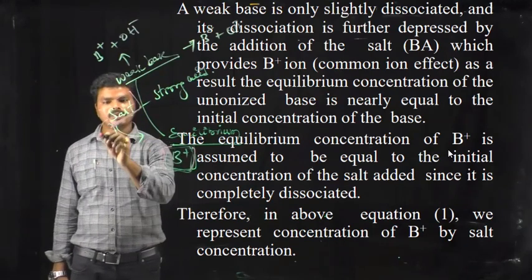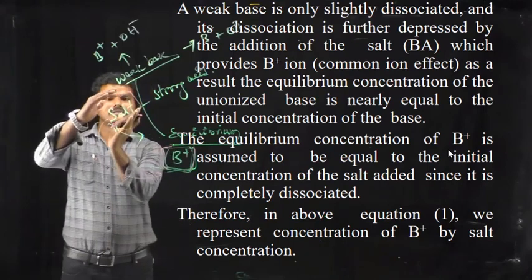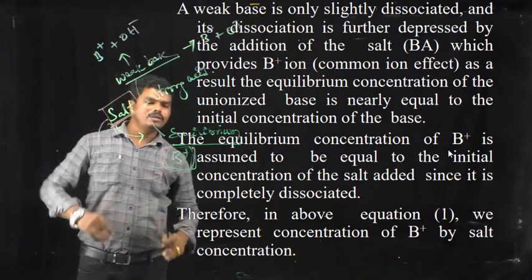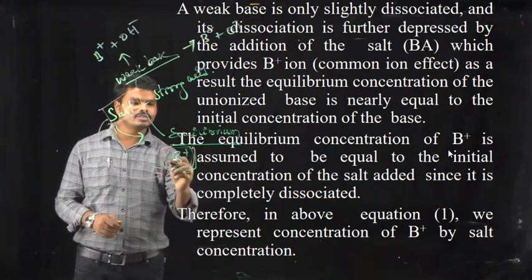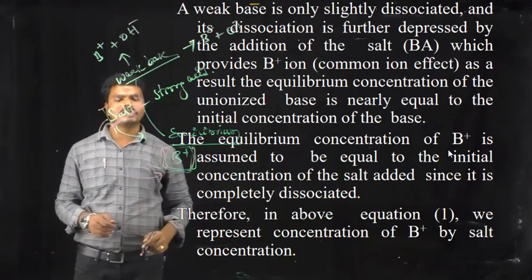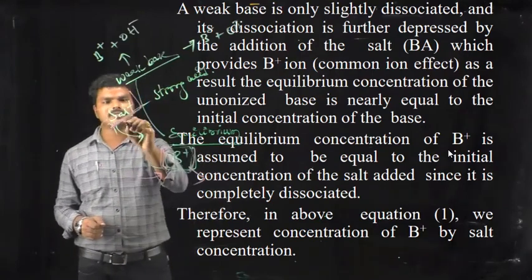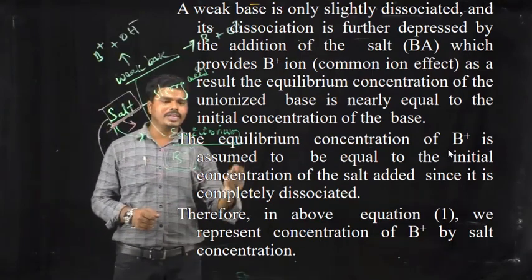That means since it is subjected to complete ionization, the total salt will be converted into the conjugated acid, so the equilibrium concentration of this conjugated acid is equal to the initial concentration of the salt. So we can represent this concentration as that of the concentration of the salt in equation 1.